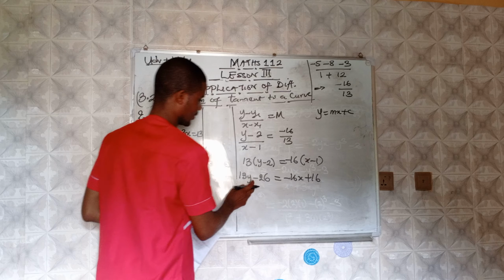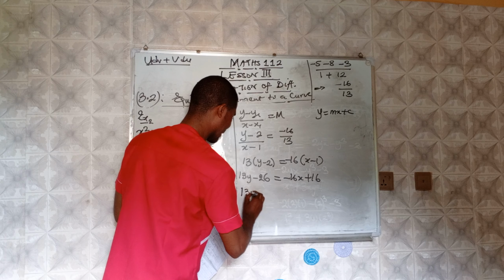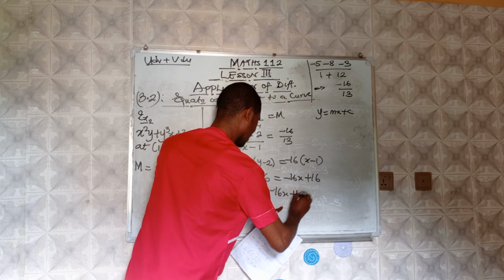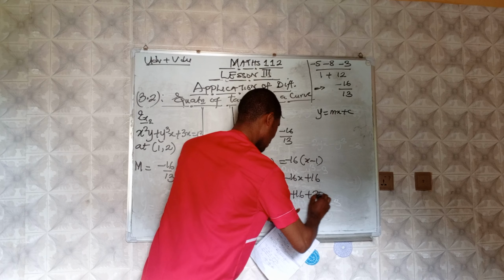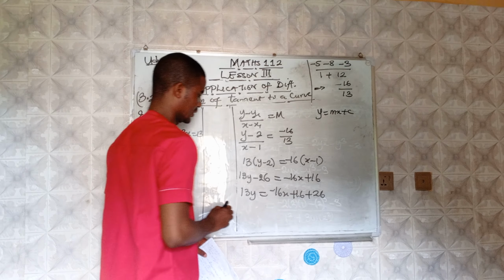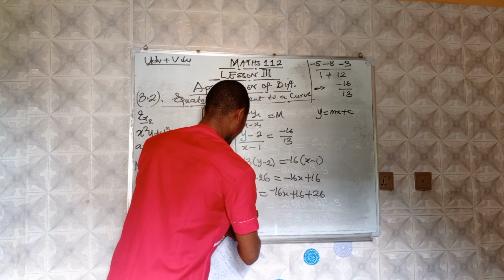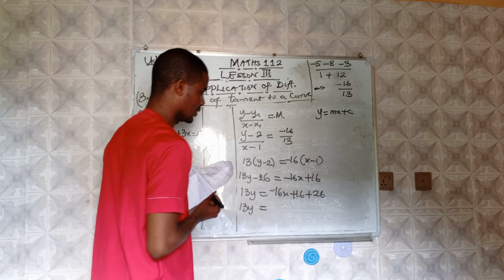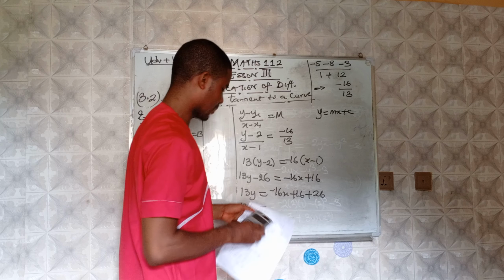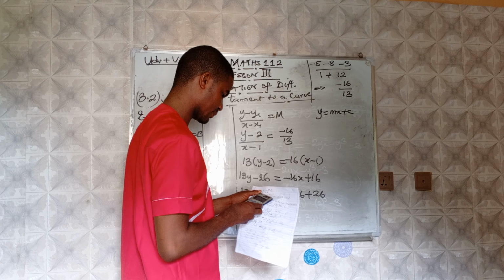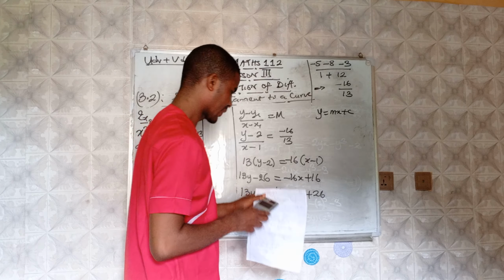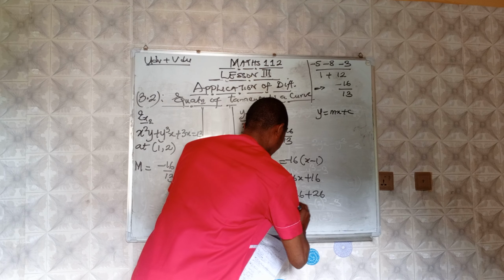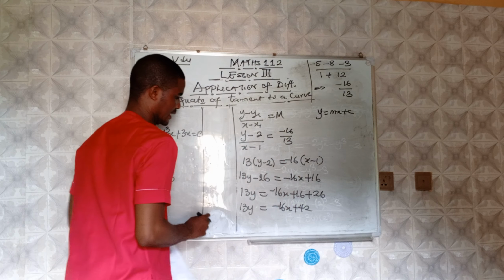Okay. So I have 13y equals minus 16x plus 16 plus 26. So that I will have 13y equals 16 plus 26, which is 42, minus 16x plus 42.